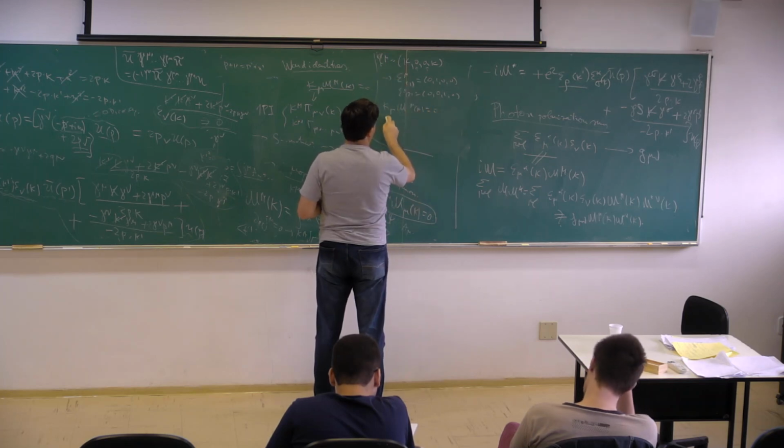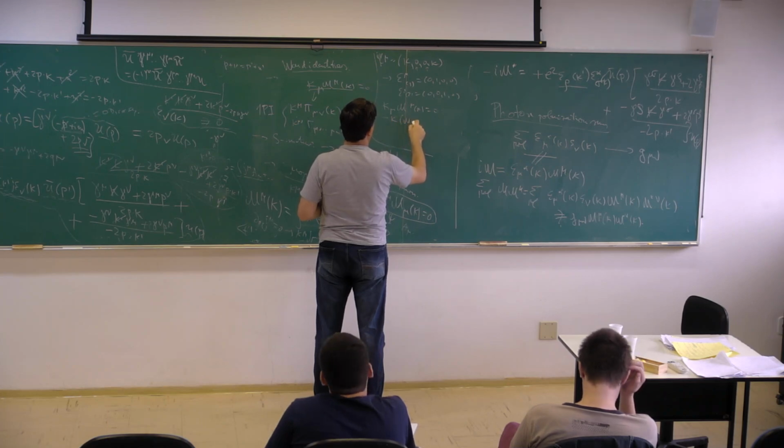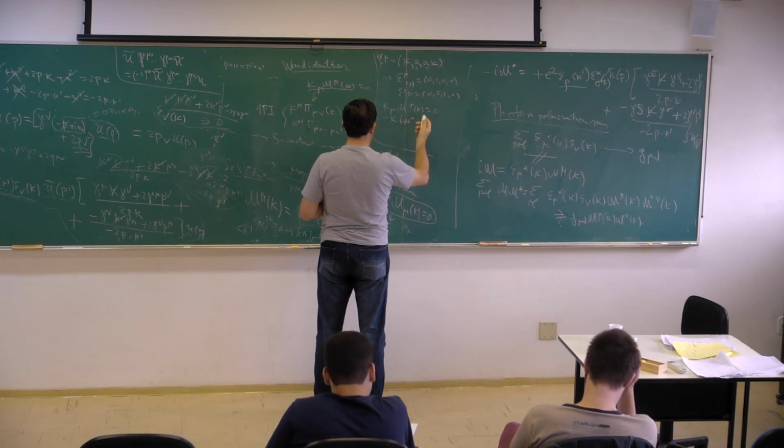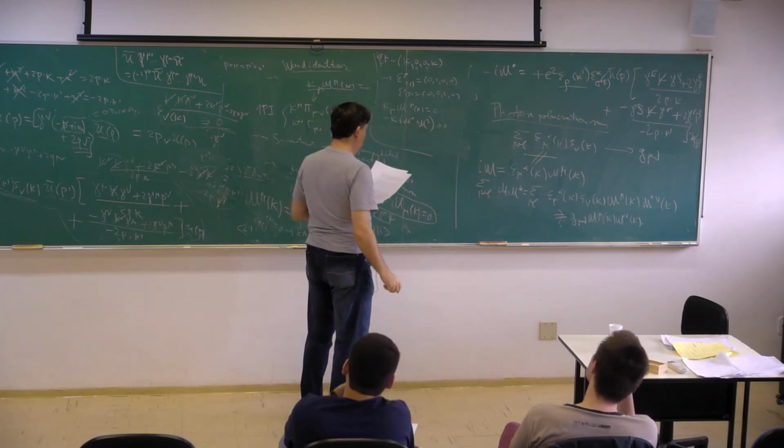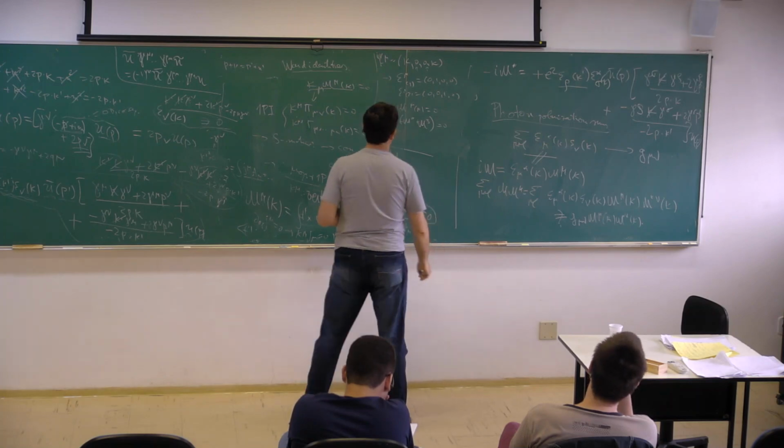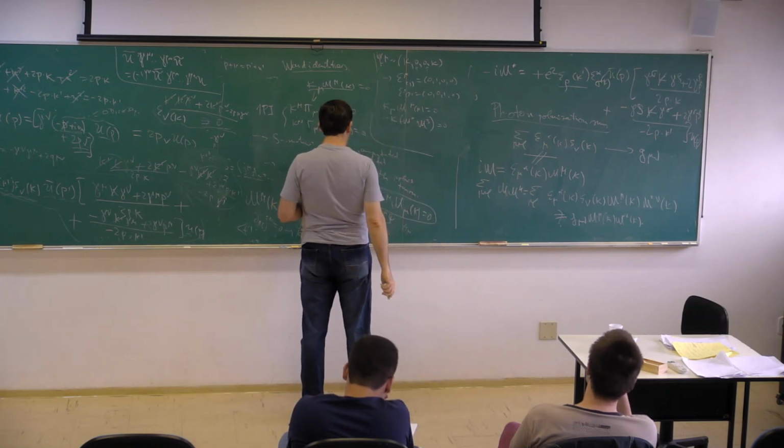With this form of k, this becomes k times minus M0 plus M3, equal to 0. So M0 equals M3.